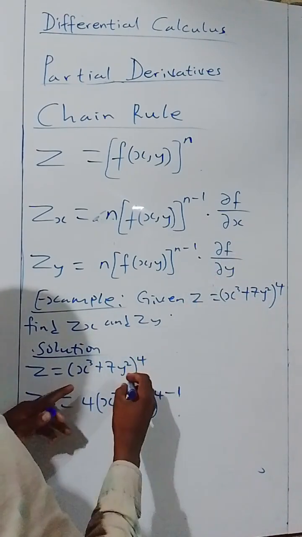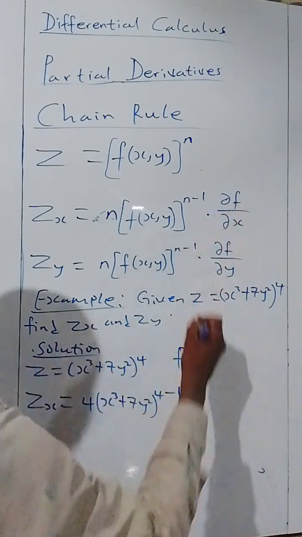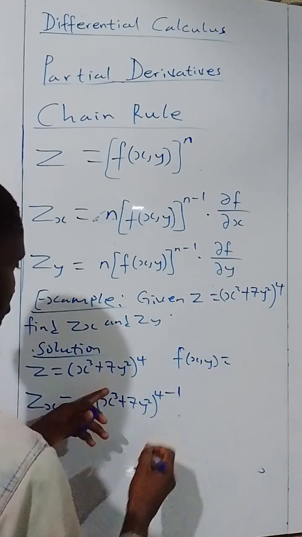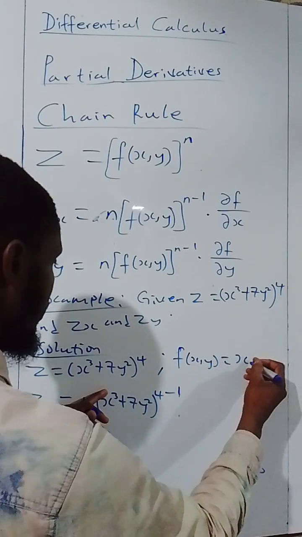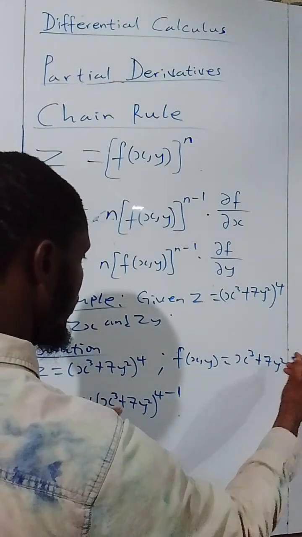In other words, you have your f here, this function f of x, y, which is equal to x raised to the power 3 plus 7y squared.